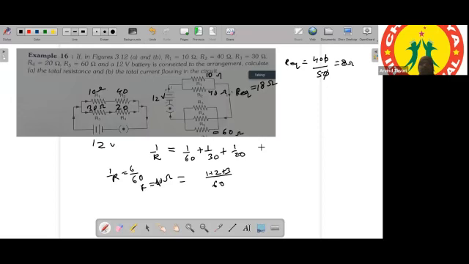Okay. So you got the resistance. In the same way, you will find the current and hence the answer.